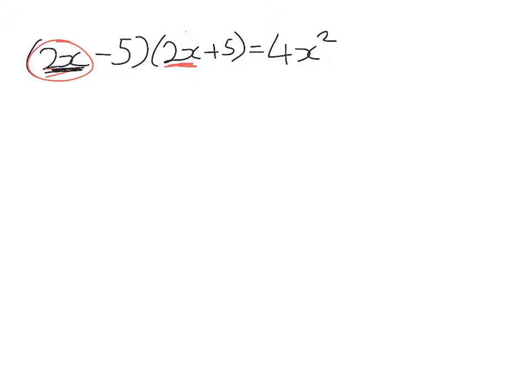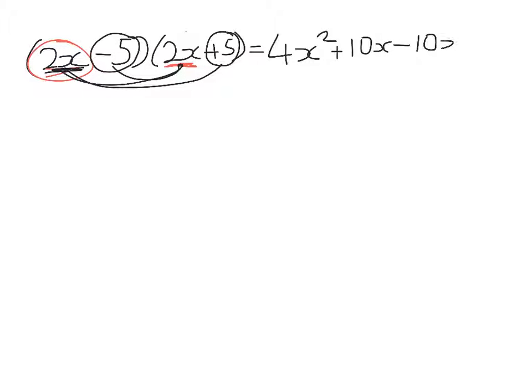So that's the first one done. 2x times plus 5 gives me plus 10x. Minus 5 times 2x, the inner ones, gives me take away 10x. And lastly, I've got the negative 5 times the positive 5. It gives me minus 25. So we get 4x squared minus 25.